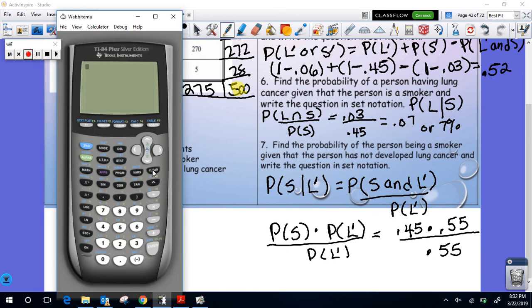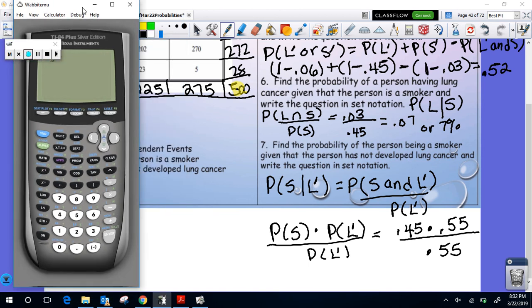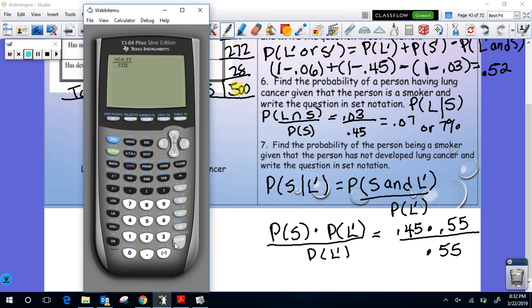So we get 0.45 times 0.55 over 0.55 equals 0.45.